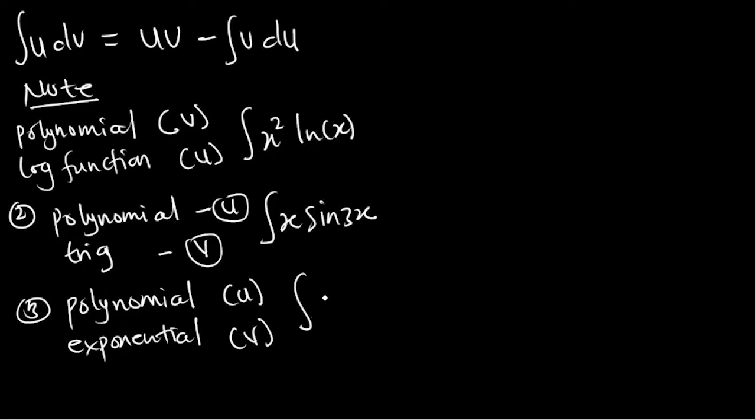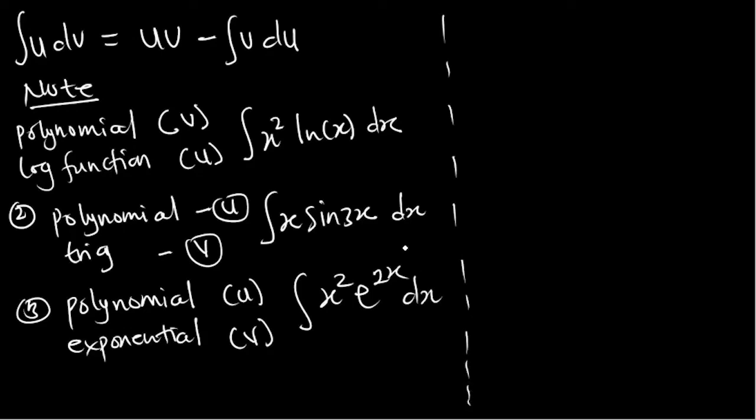For example, x exponential 2x, we will have x as the polynomial u, then the exponential will be v. So just master the formula and know how to decide the u and the v part.